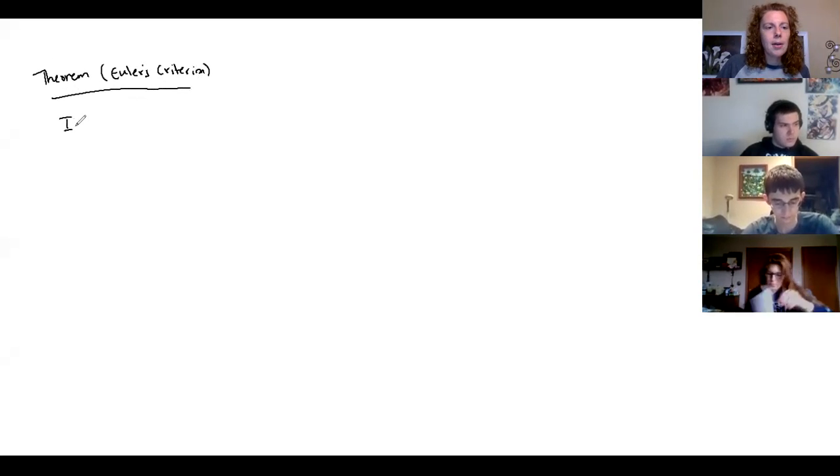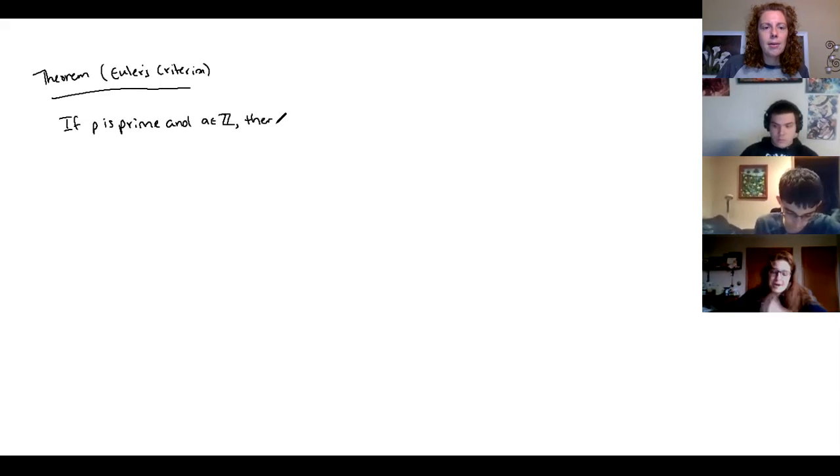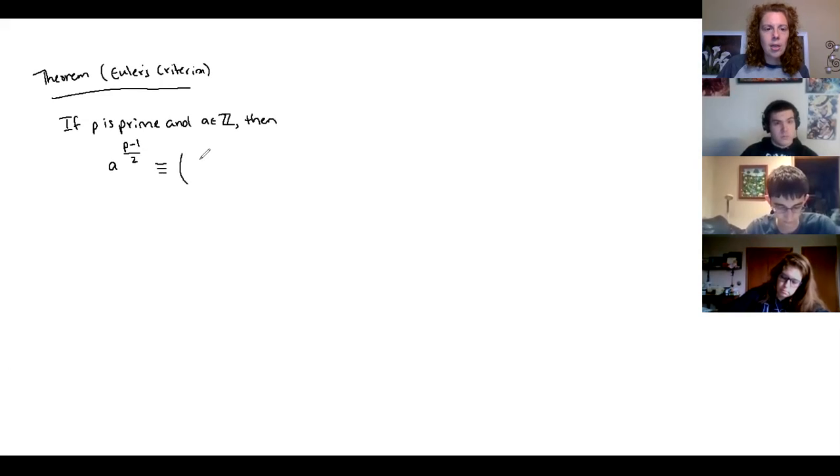If P is prime and A is an integer, then A raised to the (P minus 1) over 2 is congruent to the Jacobi symbol of A over P mod P. That's Euler's criterion.